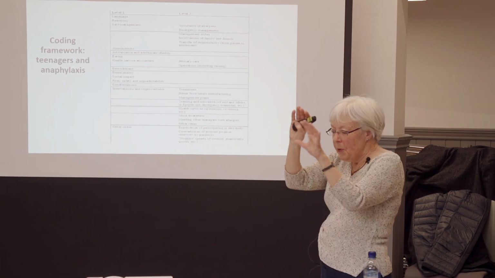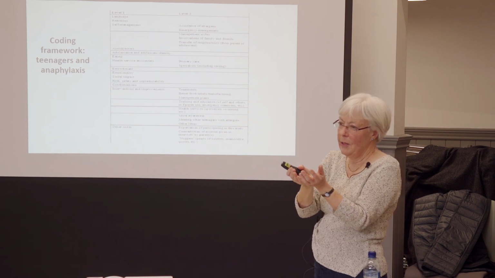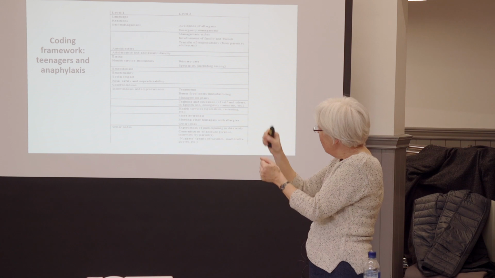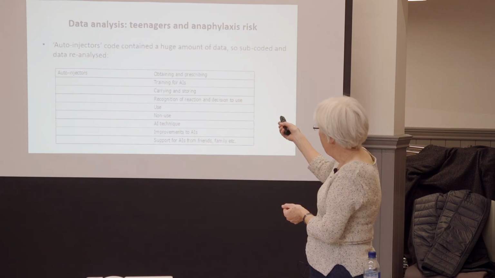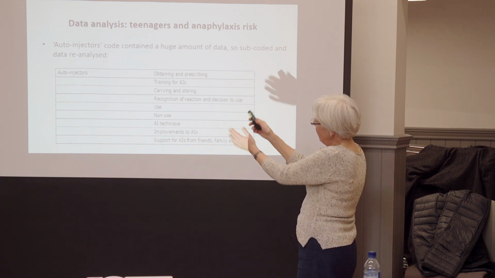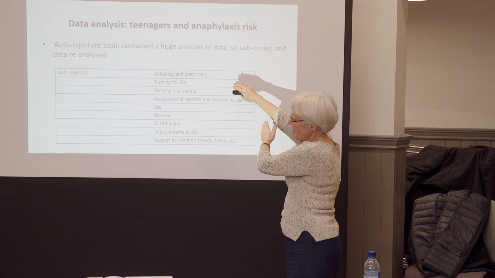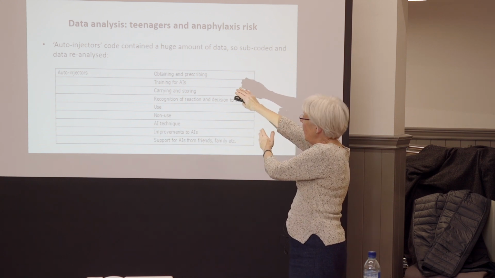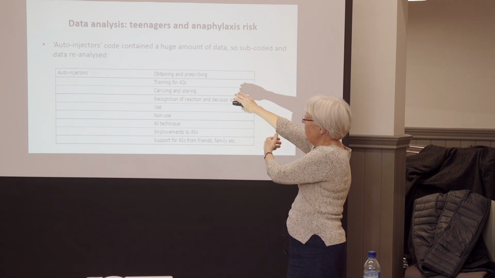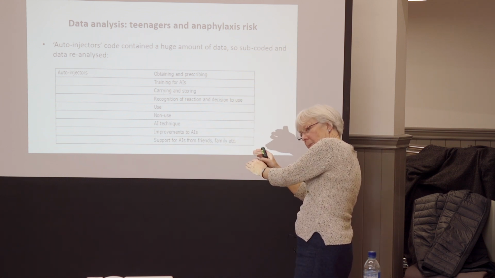So you would group together everything where auto-injectors are talked about from your research. And then you will have some subgroups where you collect together everything about auto-injectors. Then in that, there's everything about how they get them and how they're prescribed, how they're trained, how they carry them. So it's just more detail on certain subtopics.